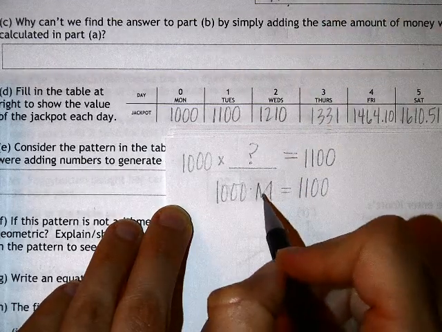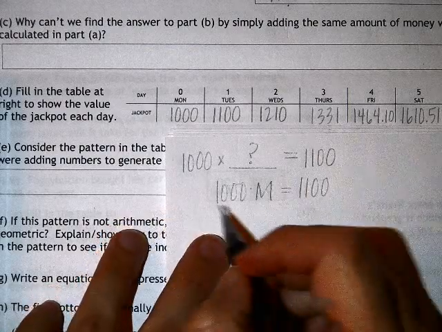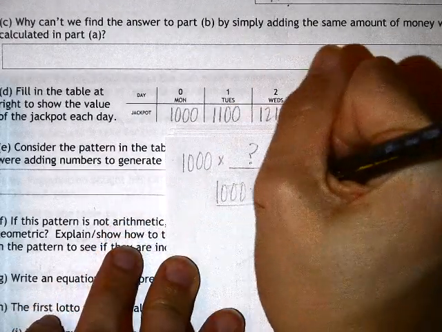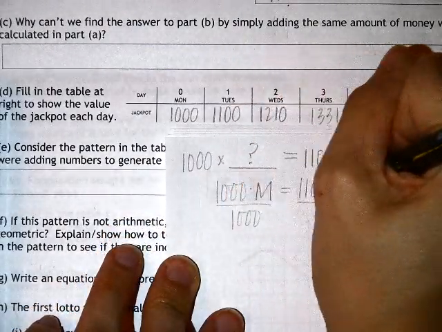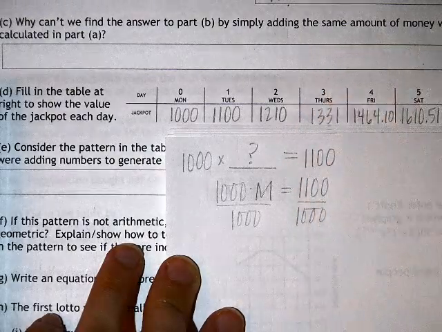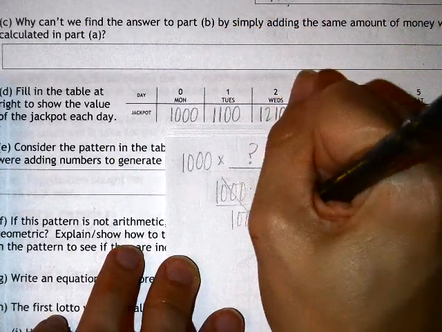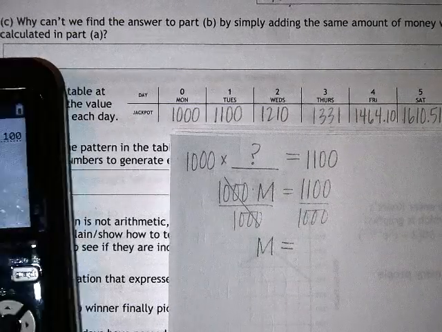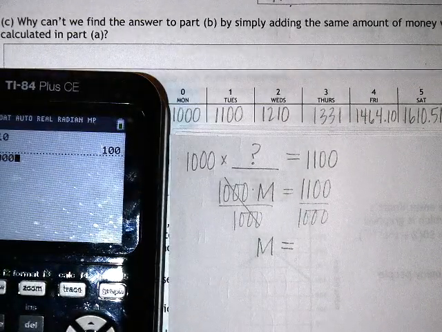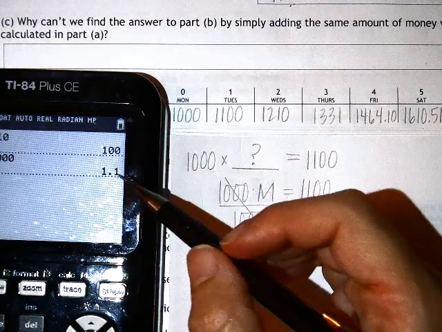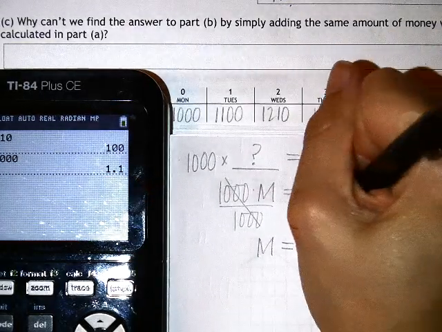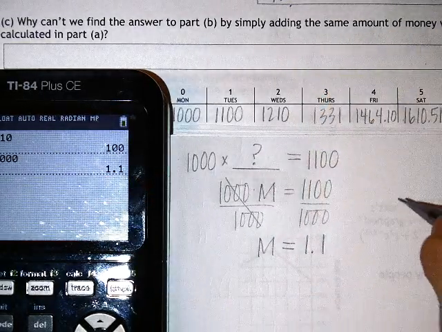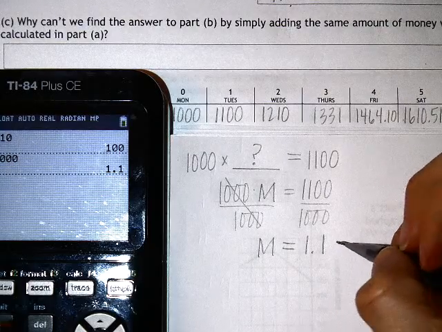So how could we figure out the multiplier, the part we don't know? Well, if we think about it like an equation, we can divide the 1,000 to isolate the part we don't know. And that means the multiplier that we don't know would be 1,100 divided by 1,000, which would be 1.1. So in theory, if we applied a little bit of algebra, it looks like our multiplier should be 1.1.